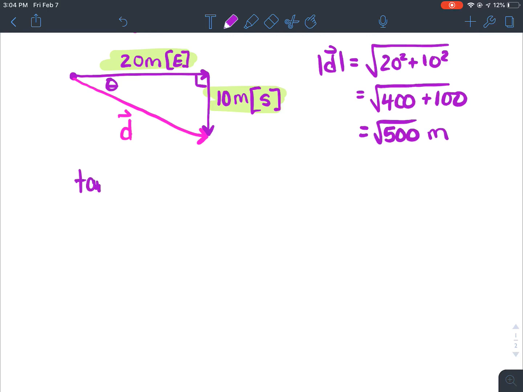So I'm going to do inverse tan of 10 over 20, opposite over adjacent, which is, I just grabbed a calculator, 27 degrees, I think. Hopefully I haven't messed that up. So that's 27 degrees.